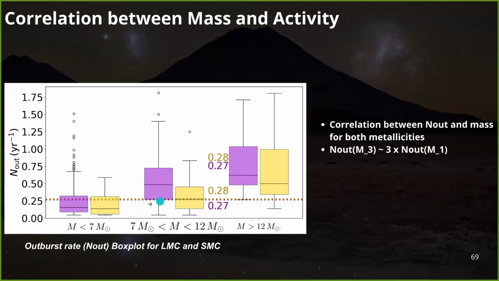And this has a strong impact on the outburst rate, since if we compare the most massive and least massive populations, we see a factor of almost 3 in the manifestation of the outburst rate.